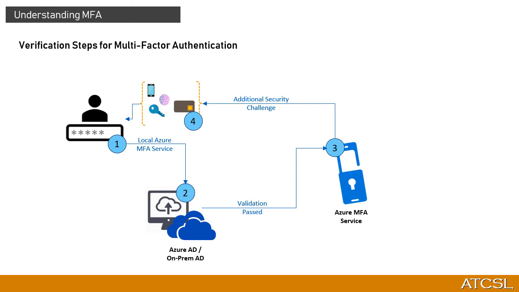The user then enters this secret code on the sign-in page, or there can also be OATH-compliant tokens. You can use these compliant tokens as a verification method as well.